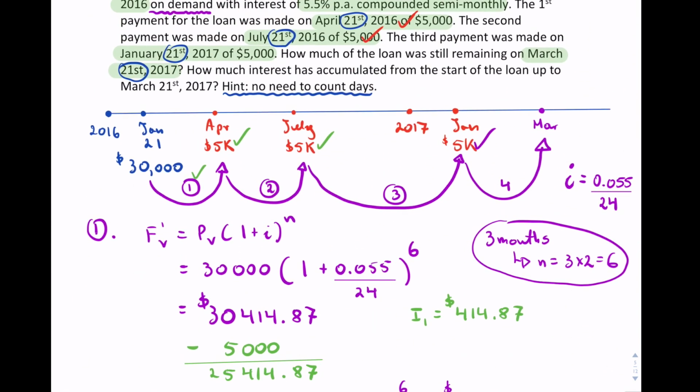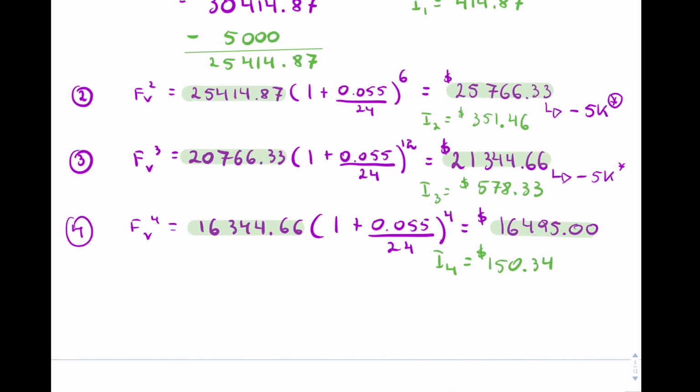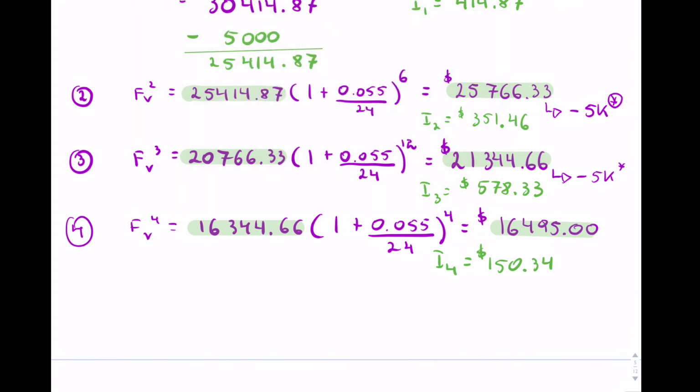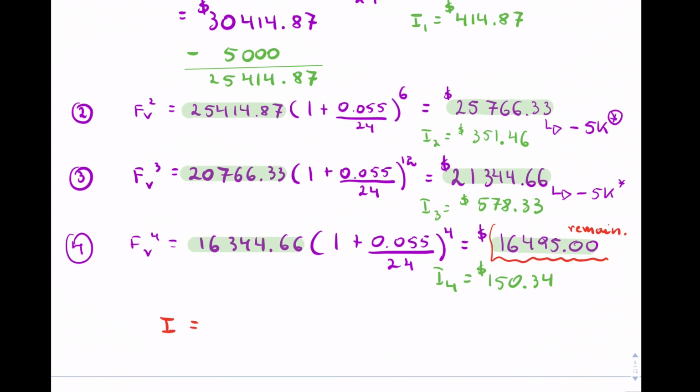Okay, so now we can answer. How much of the loan was still remaining? Well, this is exactly how much was remaining here. So this is what we had remaining. And then our interest would be equal to 414.87 plus 351.46 plus 578.33 plus 150.34.